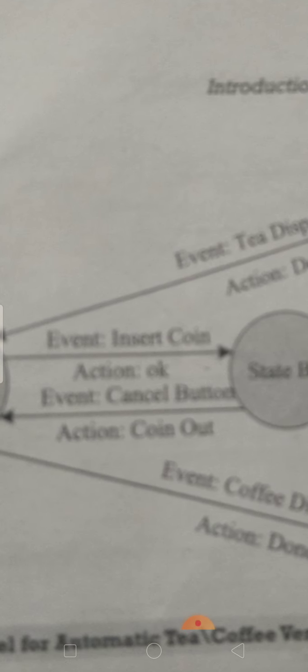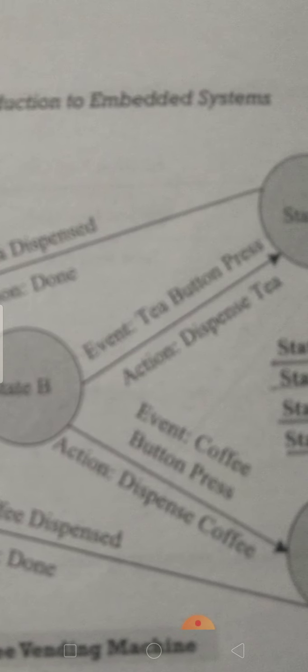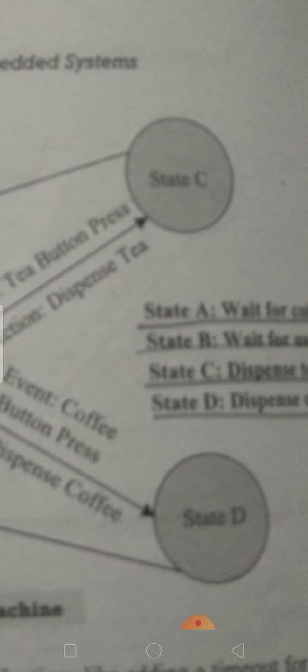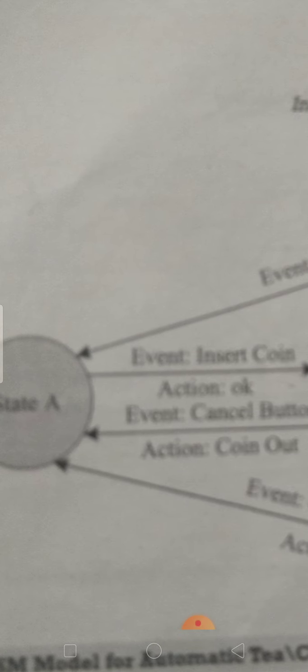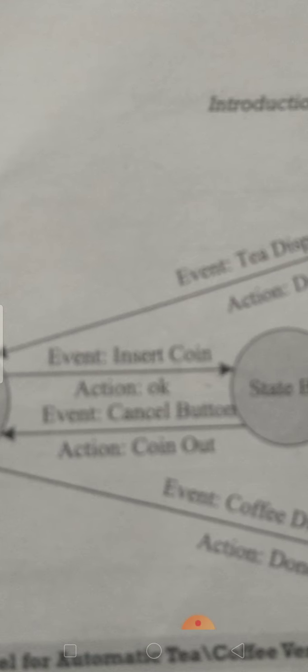Event insert coin, action OK; event cancel button, action coin out. Event T button press, action dispense tea; event coffee button press, dispense coffee. From state B to state A, event cancel button, then you get your coin back, that is coin out.